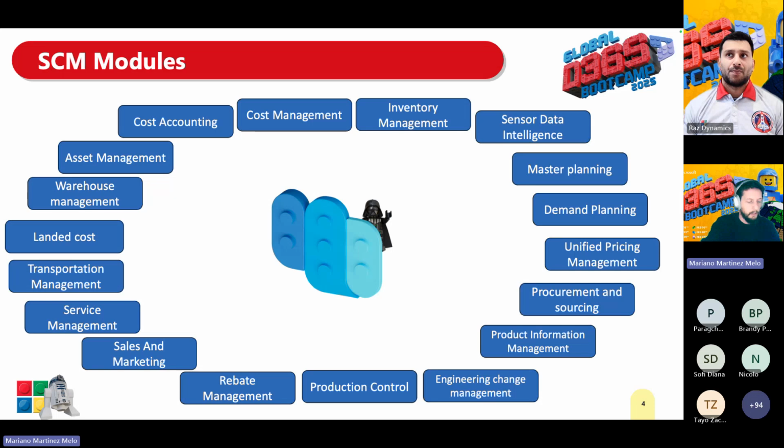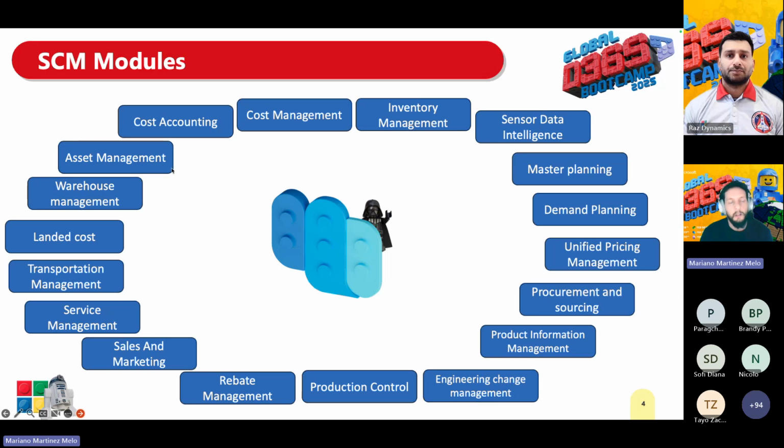For example, sales and marketing or production control come from earlier versions, so they have a lot of new functionalities. But to give you an insight of what supply chain is covering right now, we can start with asset management, which is going to be my next session.